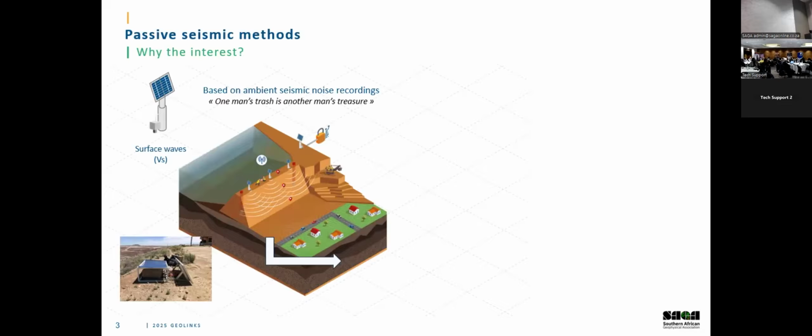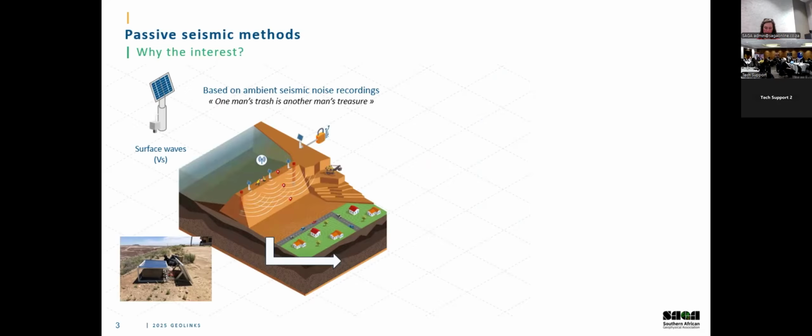So why consider passive seismics to monitor tailings? Well, I think the challenge was laid down by Adrian there. We need more instruments, we need better measurement, better prediction of where things are going wrong in a structure. And here we have on a mine site a free source of energy in the ground. In passive seismics, normally we'd like to get rid of that noise in a seismic survey, but here, one man's trash is our treasure.